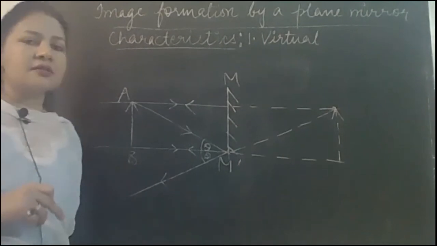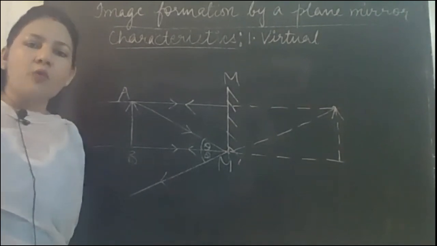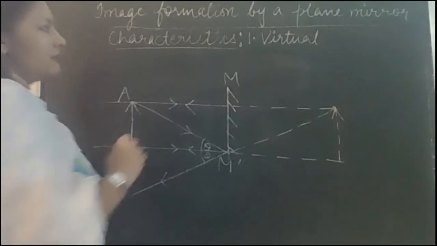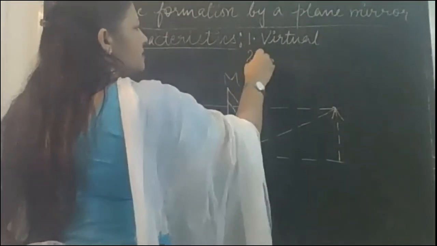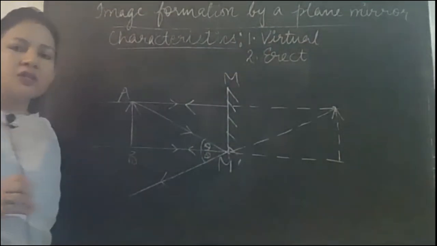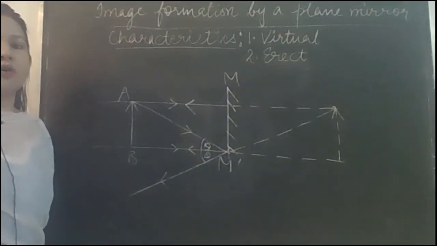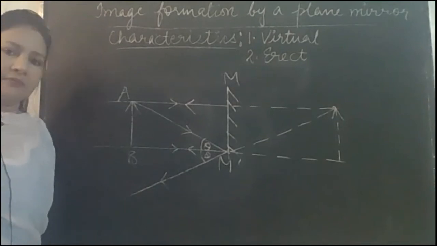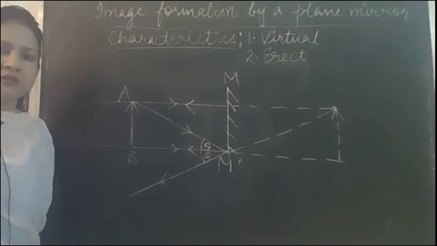Second characteristic: it is erect. Also we know that a virtual image is always erect. So the image formed is erect, it is upright.